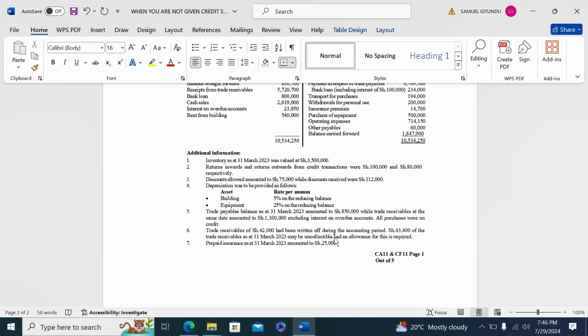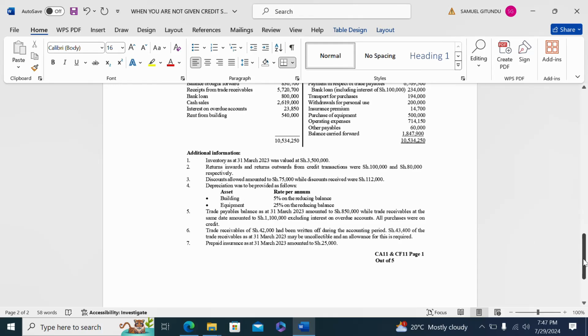But a doubtful debt is the amount of the trade receivable which the organization, due to some factors, is not sure that they are going to collect. So here we take the trade receivable which is uncollectable or which were written off because they had become a bad debt.